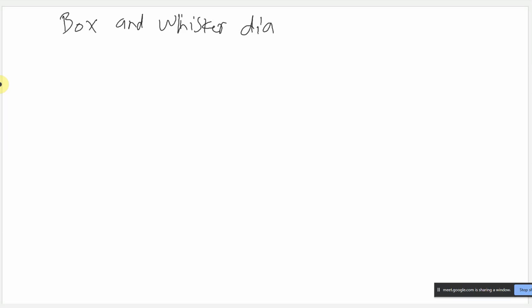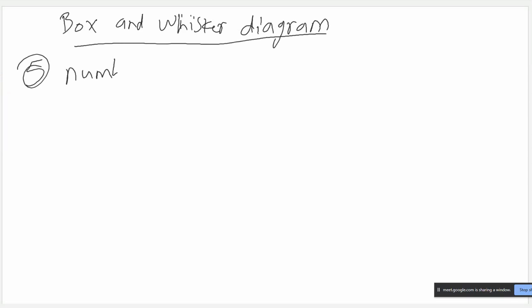I hope you've done that in school, have you? Okay, so this is also like a brush up. When we talk about the box and whisker diagram, it means that first we talk about the 5 number summary.